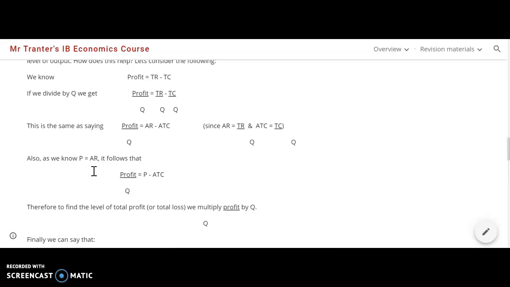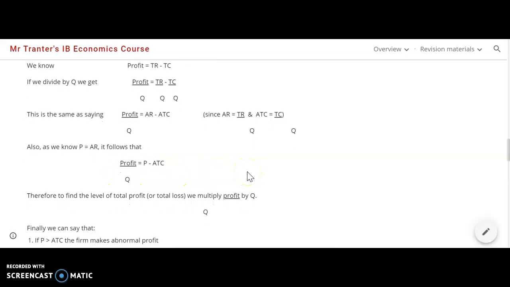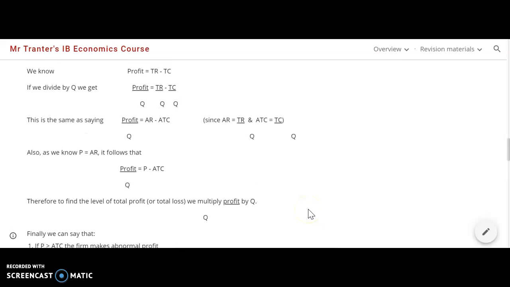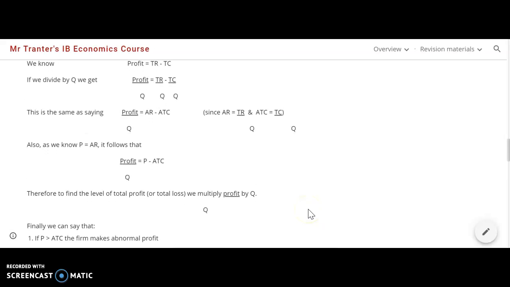Therefore, it follows that profit per unit is the same as price minus average total cost. Therefore, to find the level of total profit, we have to multiply profit divided by Q by Q. Hopefully that's straightforward.